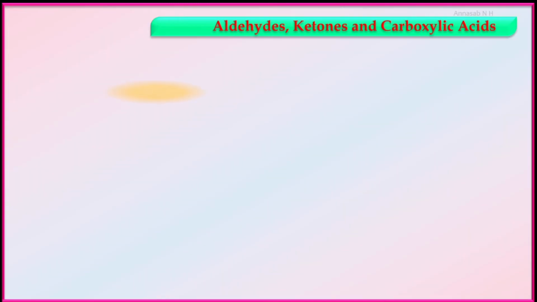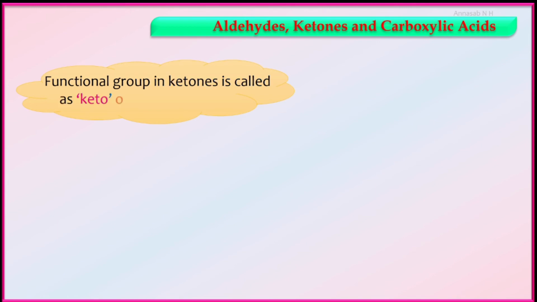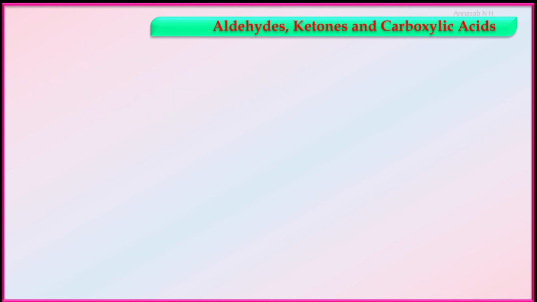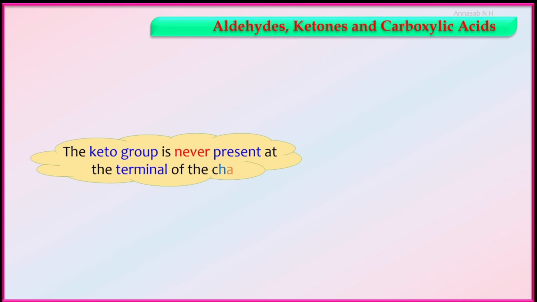Moving to ketones and their nomenclature. We learned that in ketones there is a C double bond O group, which is the functional group for ketones, also known as keto or oxo group, and this keto group is never a terminal carbon atom.